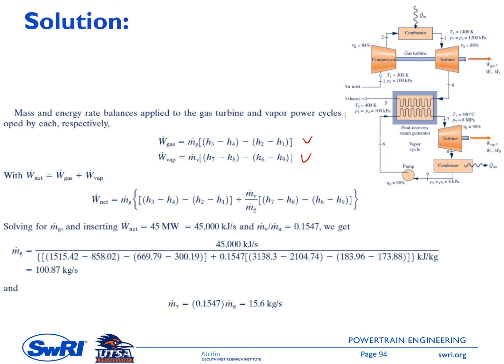So we have m dot g as well as m dot v. The values of the enthalpy have been shown in the previous slide, and we have two variables here, m dot g and m dot v, but we know the ratio between m dot v and m dot g, so we can retain just one variable, m dot g, and replace m dot v by the ratio here.